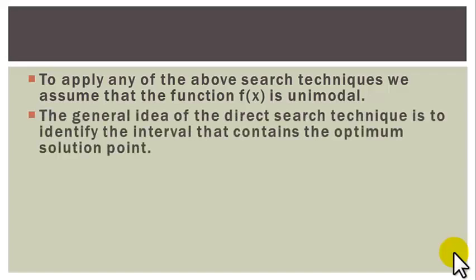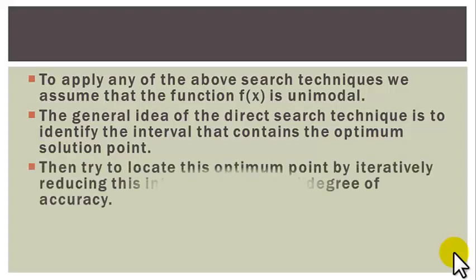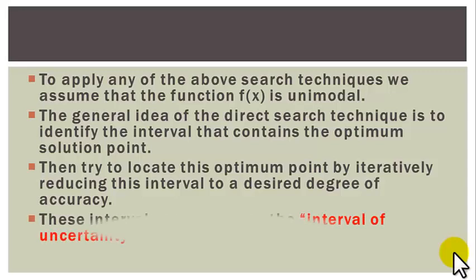The general idea of the direct search technique is to identify the interval that contains the optimum solution point. Then try to locate this optimum point by iteratively reducing this interval to a desired degree of accuracy. These intervals are known as the interval of uncertainty.